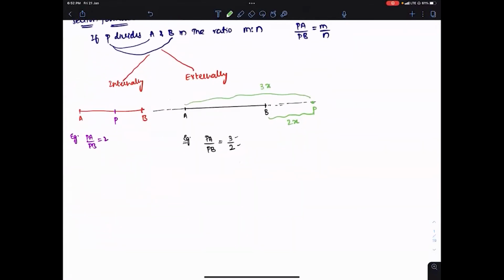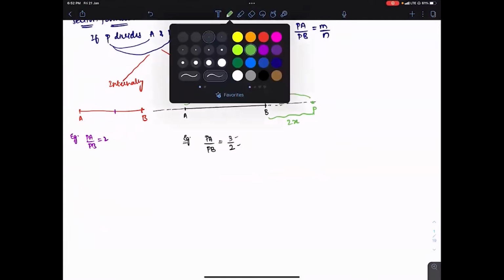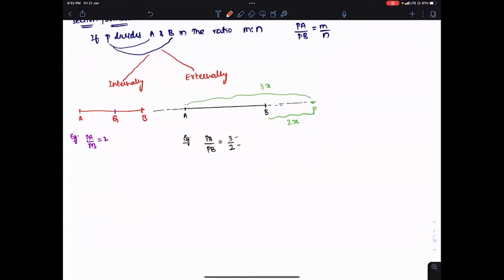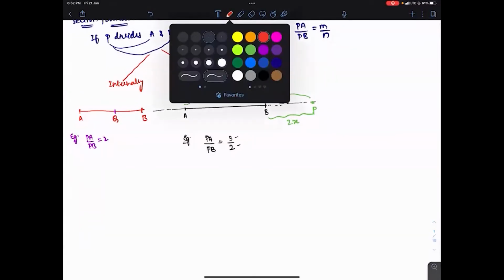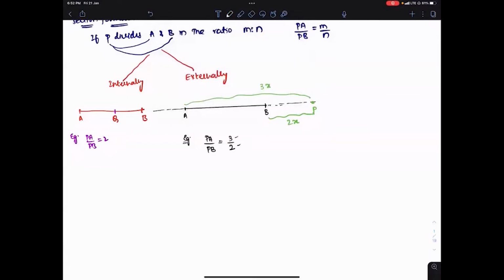Okay. So one more point here on this only. For example, let's say someone is saying P divides A and B in the ratio 3:2 externally. And let's do one thing. Let us change the point which I initially wrote to Q. Let me draw a new figure. AB.